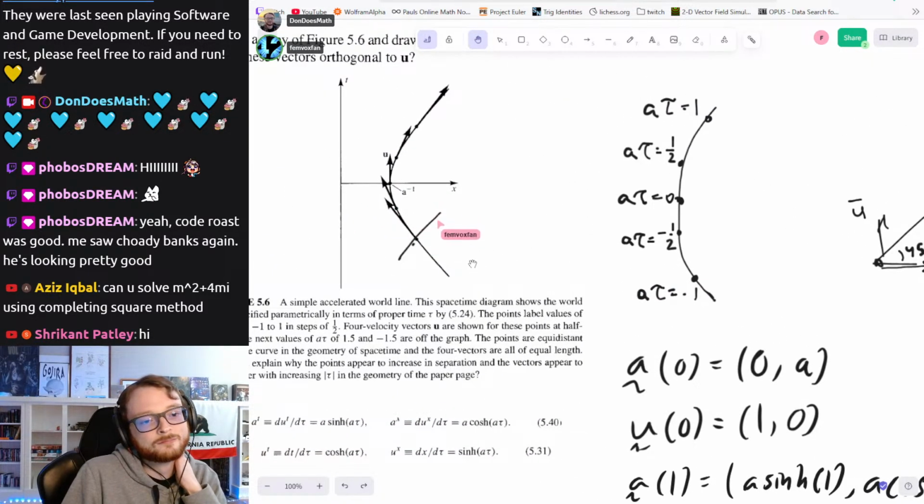Let's say I drew this. Oh, well, that's weird. Yeah, the acceleration would be something like that there. I mean, it could be, right? It should be slowing down there, maybe.